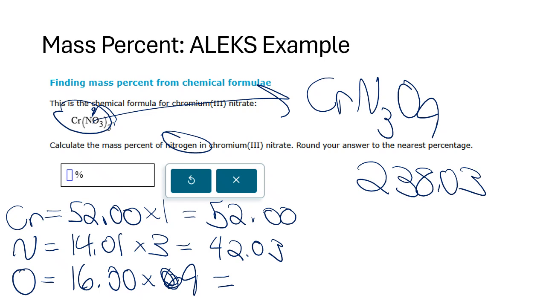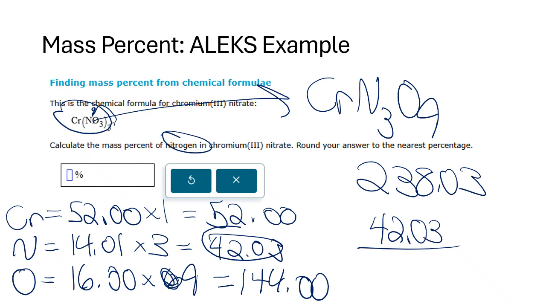And that is the mass, I forgot what this was, 144, I think. So we have to find the mass of nitrogen in the compound. The compound weighs 238, and the nitrogen in the compound weighs 42. It's really not too difficult to just sort of think through it.